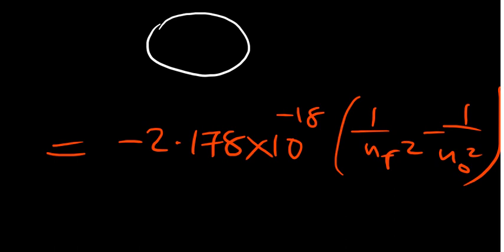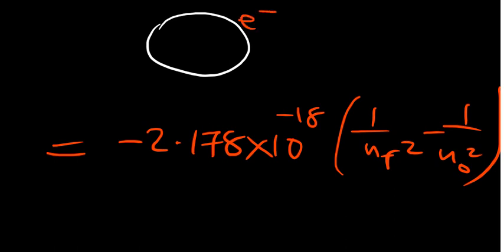So you find that basically hydrogen has just one electron there.